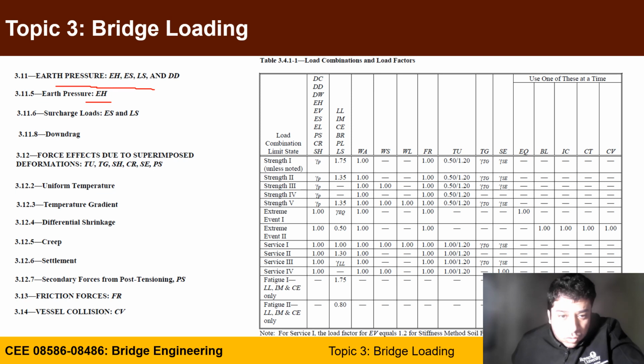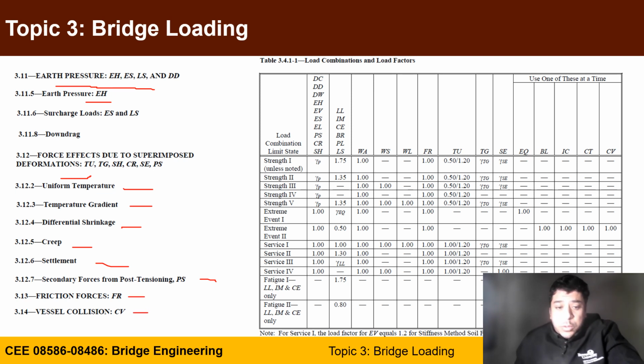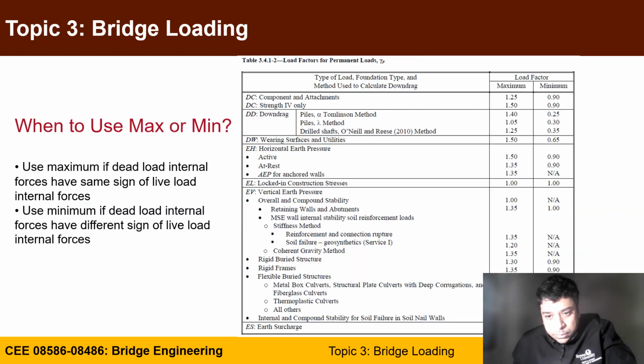Force effect due to superimposed deformation, uniform temperature, gradient temperature, is section 3.12.2 and 3.12.3, and even differential shrinkage, creep, settlement, prestressing, stress imposed on structure, friction, and vehicle collision. So those are where you can go in your AASHTO specification section 3 and find more information about those loads. We covered here 3 different types of loads: temperature loading, live load, and dead load as a starting point.